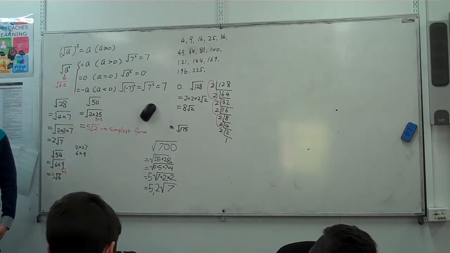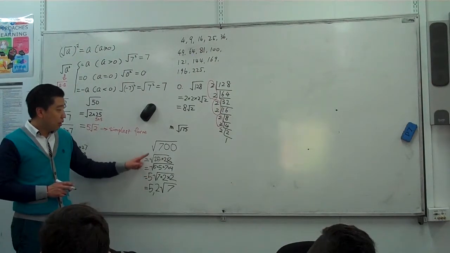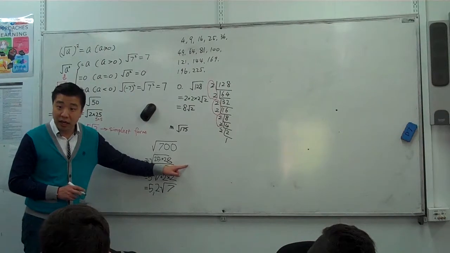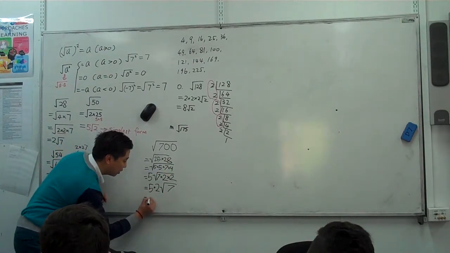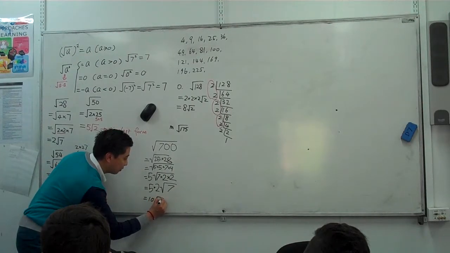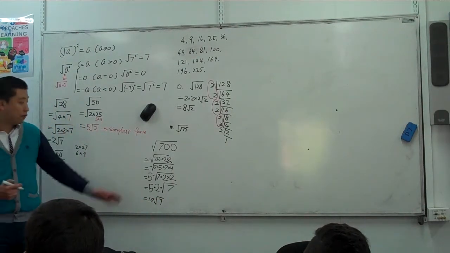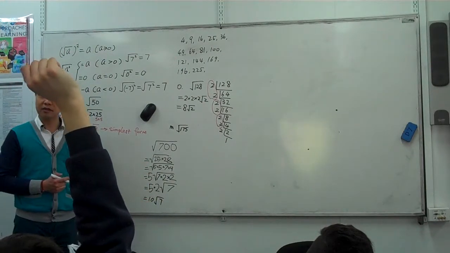Why is it times? Because it's times inside the square root. Because you do everything multiplication inside. So here is still times. So your answer is 10 square root 7. Okay? For all your calculation, that is multiplication. That's very good.